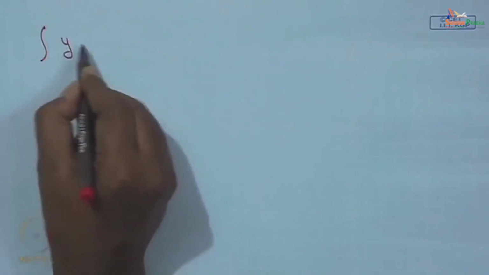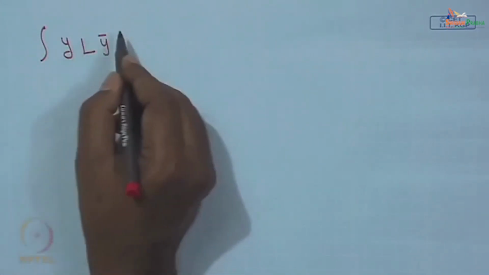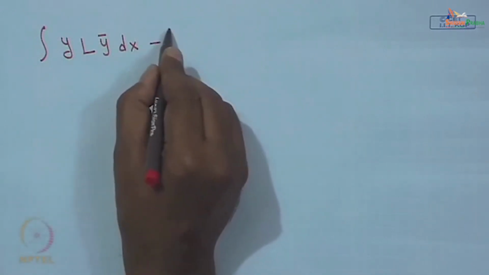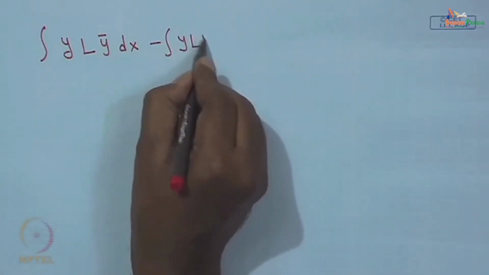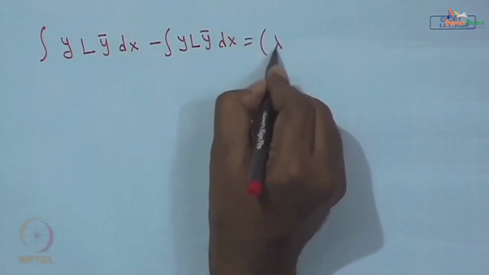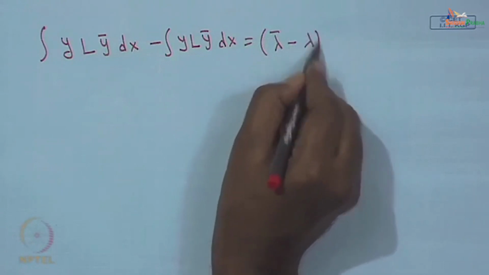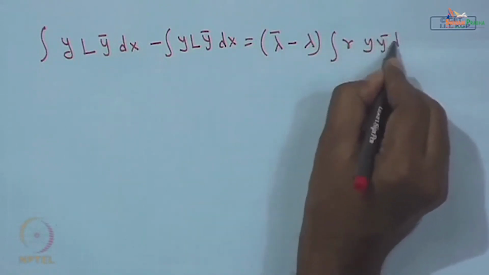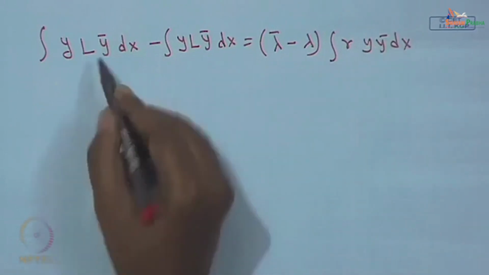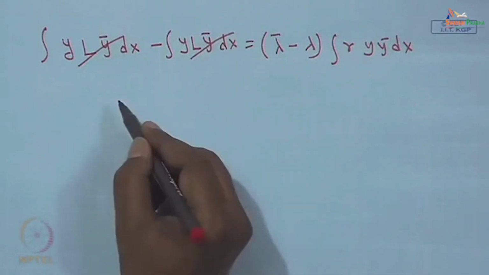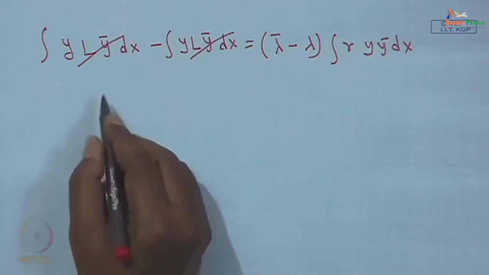These two quantities on the left hand side are identical to each other and opposite in sign, so they cancel.